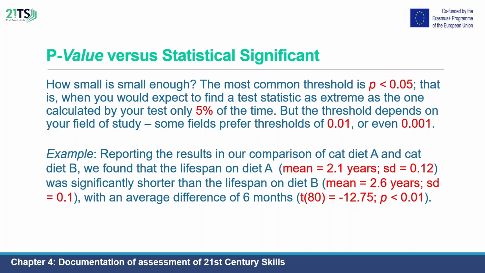T 80 equals minus 12.70, while the P lower than 0.01.